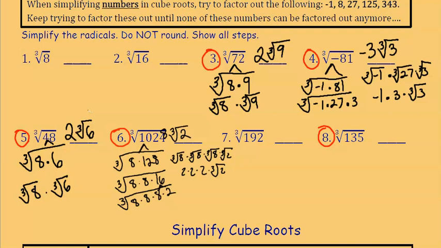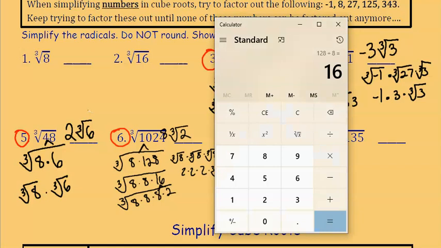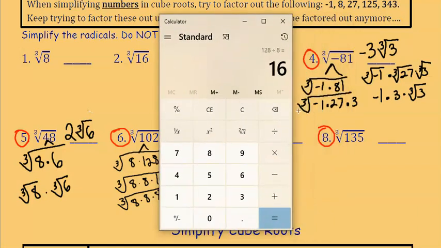Number 8, the cube root of 135. So we use our calculator. There's no negative inside there, so we skip -1. It's an odd number, so we can't divide out 8. Let's try the next number, 27. It gives you 5.